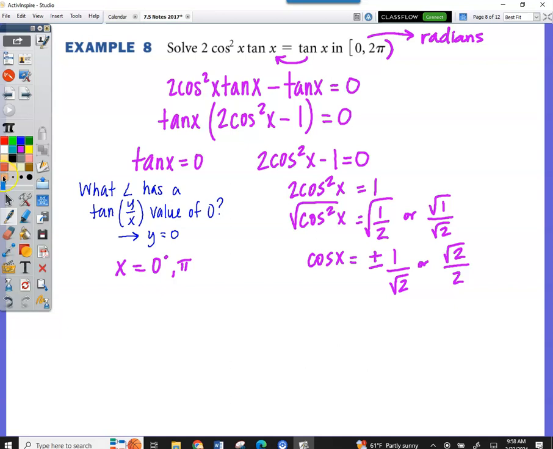So this is what angle has cosine, which is x, value of positive, negative root 2 over 2. It's gonna be all the 45 angles.